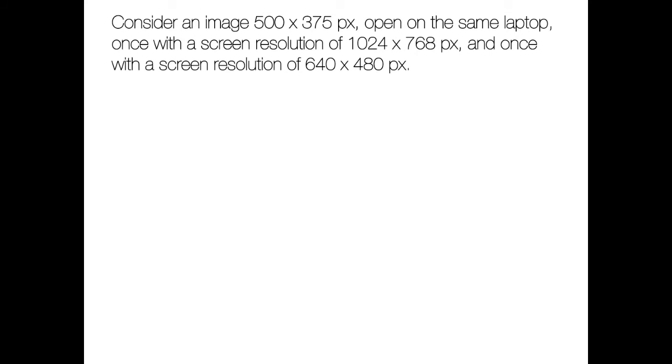Let's look at this example. Consider an image of 500 pixels in width and 375 pixels in height, open on the same laptop, once with a screen resolution of 1024 by 768 pixels, and once with a screen resolution of 640 by 480.